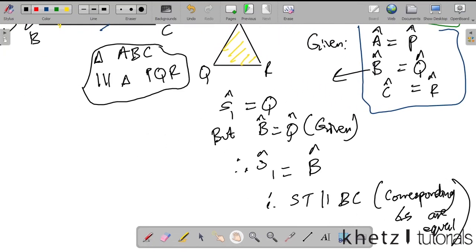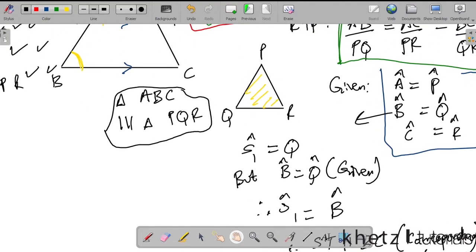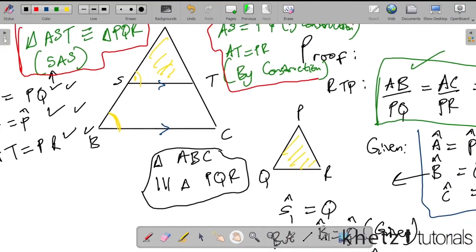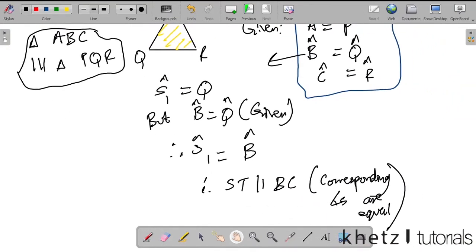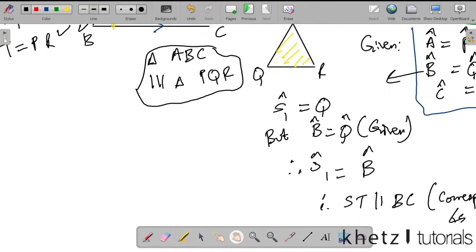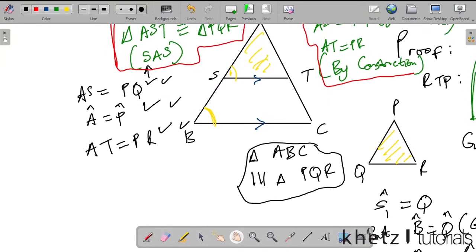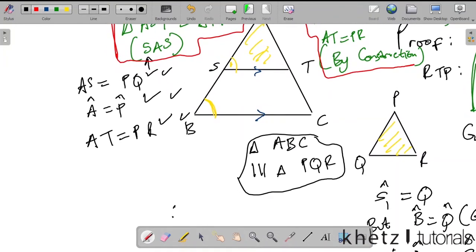And now that we have corresponding angles that are equal, we're going to use the theorem which we talked about previously, which is theorem 1. And it says a line which is parallel to one side of a triangle divides the other two sides proportionally. And therefore, since this line is parallel to that, we can conclude that AB divided by AS is equal to AC divided by AT.